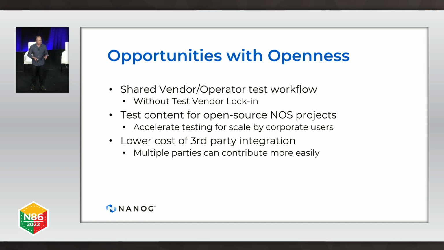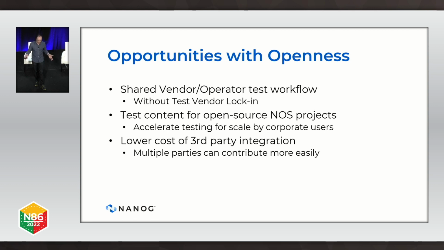Another area is integration with third parties. Let's say we have a network automation or network orchestration software developer who would like to enable certain validation capabilities provided by a traffic generator. Without an open API, they have to integrate with each individual traffic generator one by one, which is frankly not feasible, and then it's hard to share within the community.